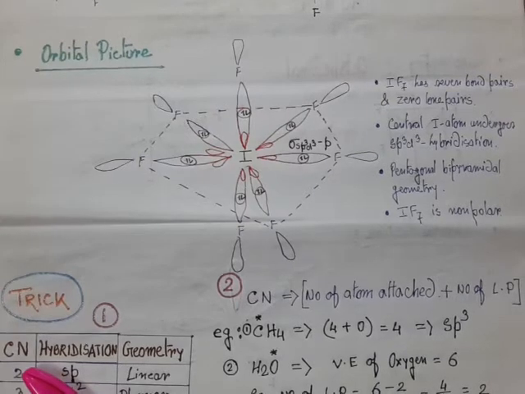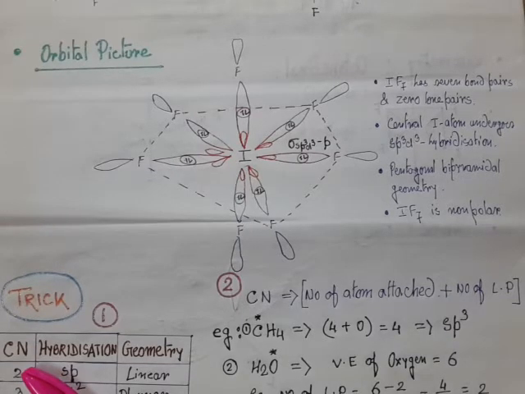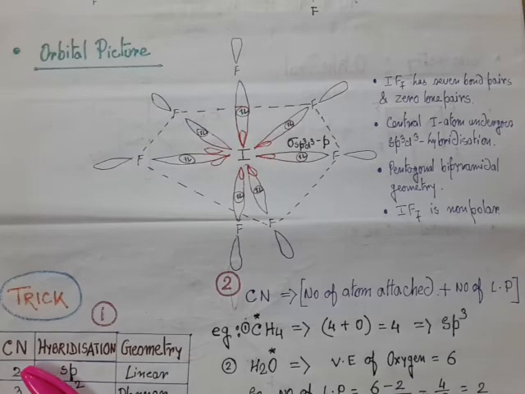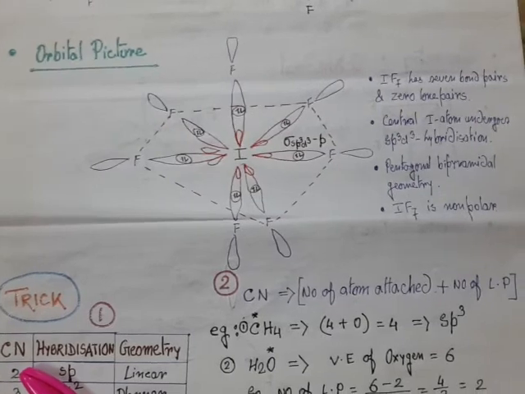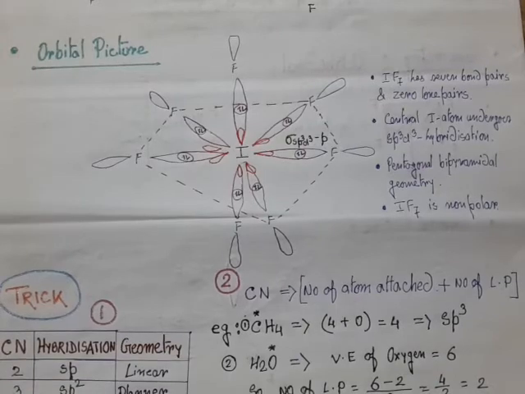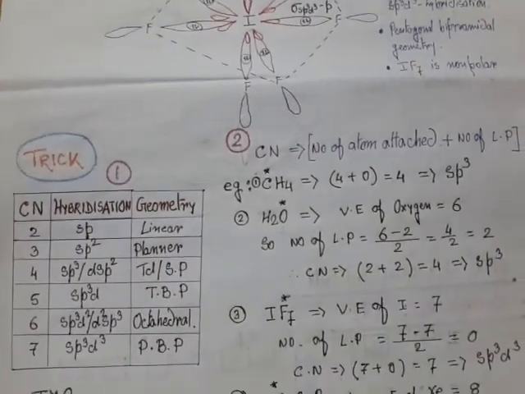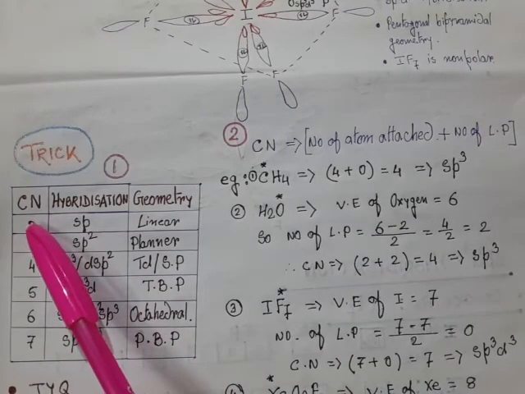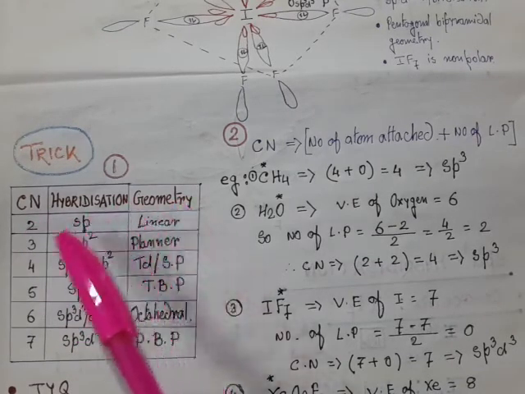It's an excellent trick, students. From this trick you can easily identify the hybridization of the central element in a given molecule. First we have to consider a table. This is the table with CN, coordination number, hybridization and geometry.